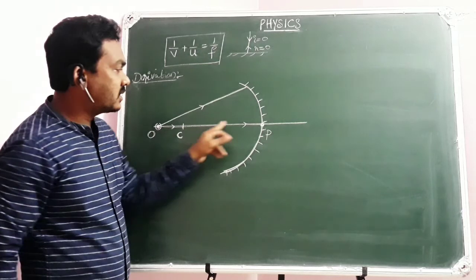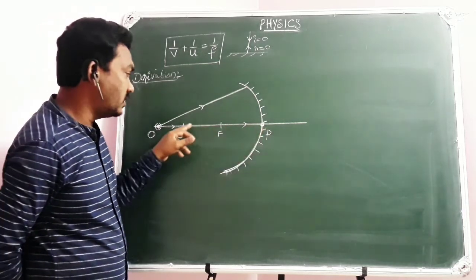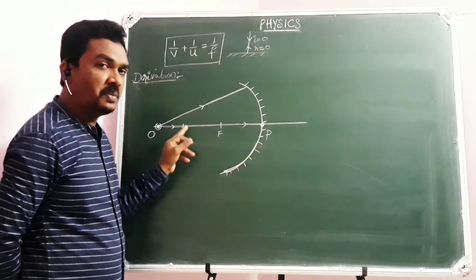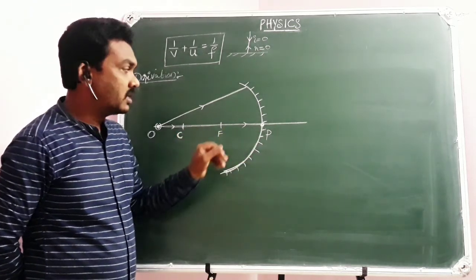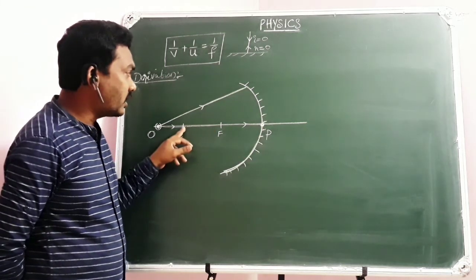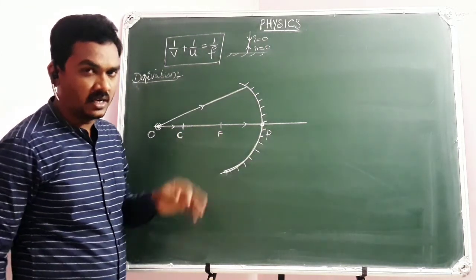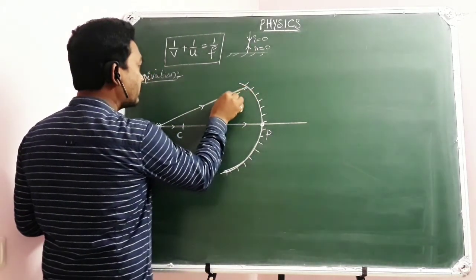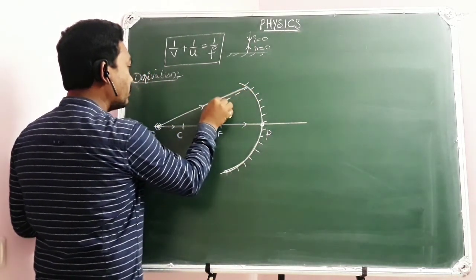Along the principal axis, you have the radial line CP, or PC is the radius, because the distance from any point on the curved surface to the center of curvature is called the radial line. Of course, this is also a radial line. You can see.